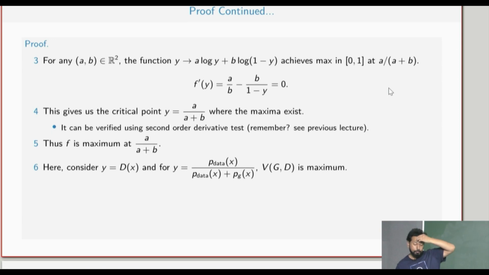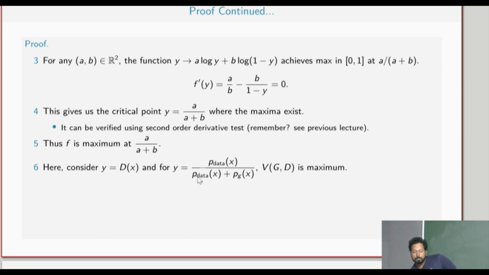So now we go back to our form. We could take y to be d of x. We recall that the loss involves d here, so y could be seen as d of x. So let y be d of x, then indeed the maxima for a given g will be p data by p data plus pg, which is synonymous with a divided by a plus b.